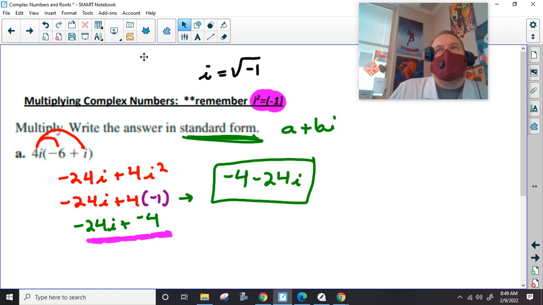All right. Got a couple of people writing it down, double checking. So again, the i squared part, that's the new thing with the distributive property.